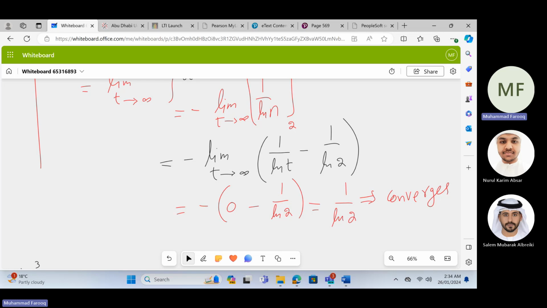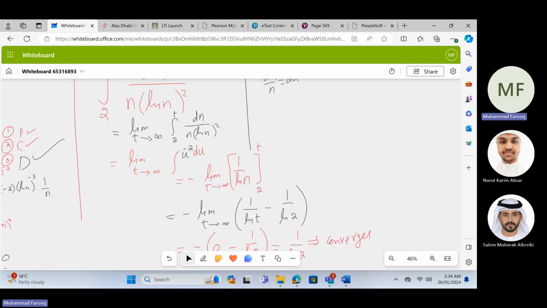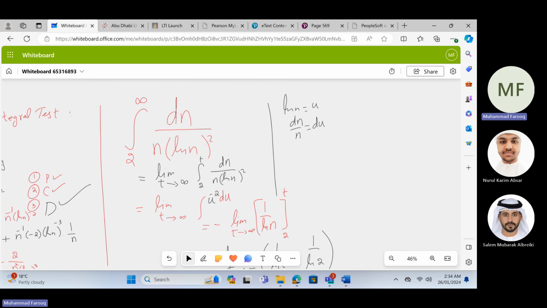The integral only shows that it converges. Converge means the series is going towards a point, and we have calculated that point to be 1 over ln 2.